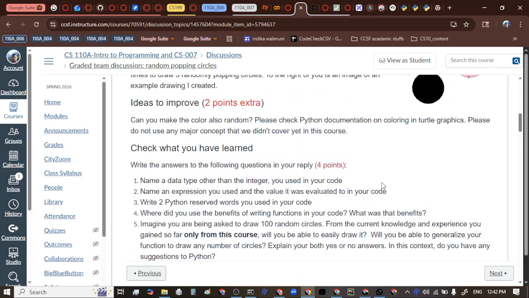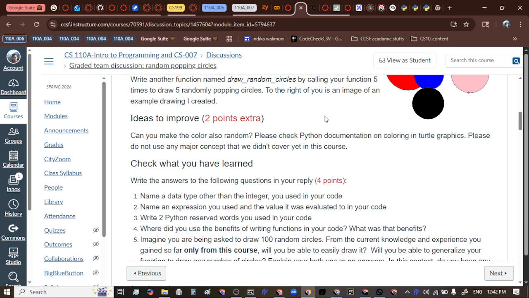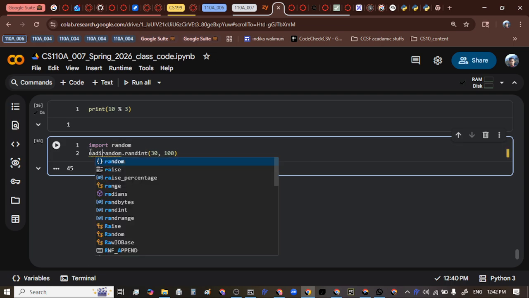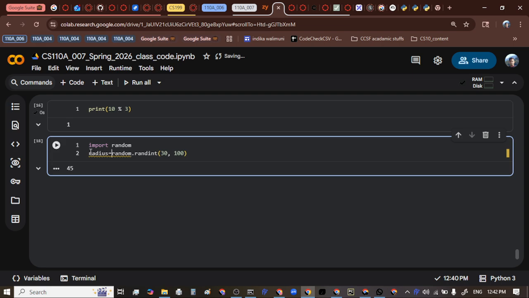Okay, guys, this is kind of an example code that you will be using. For example, radius equals random. This could be just your radius for the circle, so the radius is going to be randomly whatever that value.